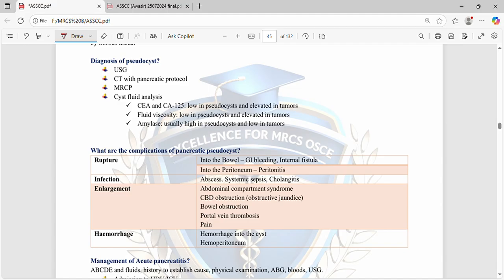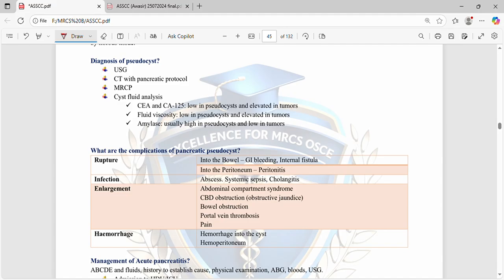So what are the complications of pancreatic pseudocyst? It can rupture into the bowel, GI bleeding, internal fistula. It can rupture into the peritoneum, causing peritonitis, infection, because it's fluid full of enzymes, so it can cause severe peritonitis, infection, abscess, systemic sepsis, cholangitis, enlargement, abdominal compartment syndrome, CBD obstruction, obstructive jaundice, bowel obstruction, portal vein thrombosis, pain, hemorrhage into the cyst, hemoperitoneum.